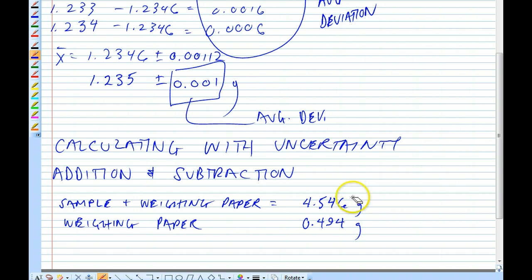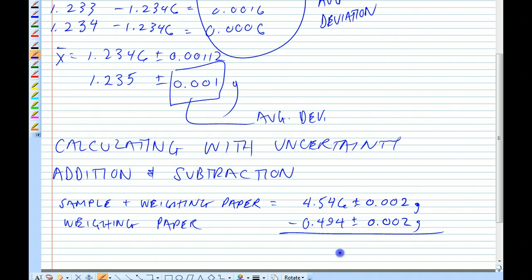All right. Now, I forgot to put the uncertainty in here. Both of these will have uncertainty, and they might be multiple measurements. Maybe I just estimated. I look at the balance and I say, oh, I think I'm within 0.002 on both of these. These are grams.